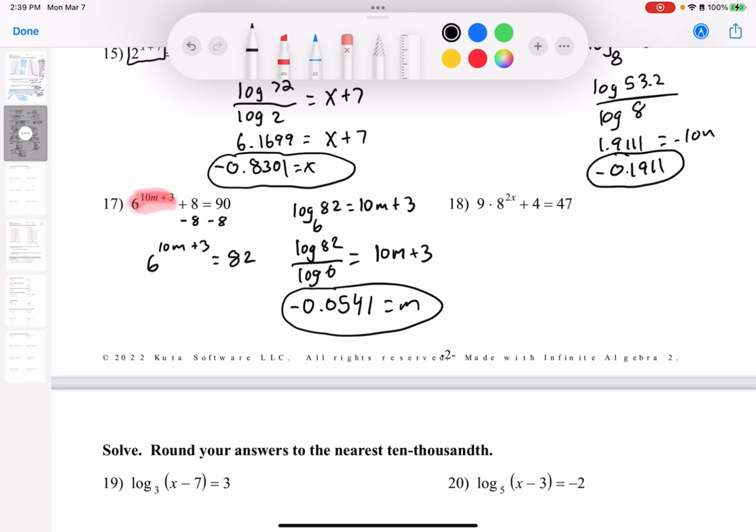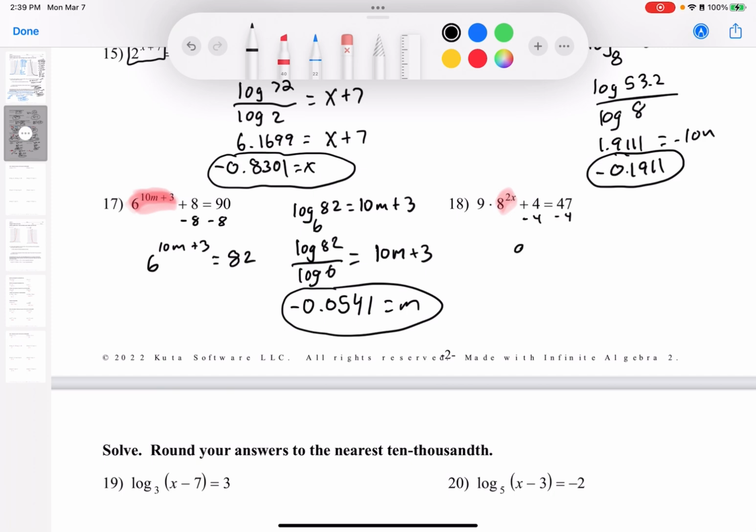Now, number 18. I'm just going to highlight my base and my exponent. So it looks like I have 4 being added to it and 9 being multiplied by it. So I'm going to get rid of any addition or subtraction first. Step 1, I'm going to subtract 4.